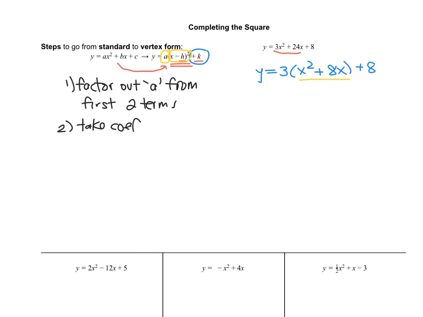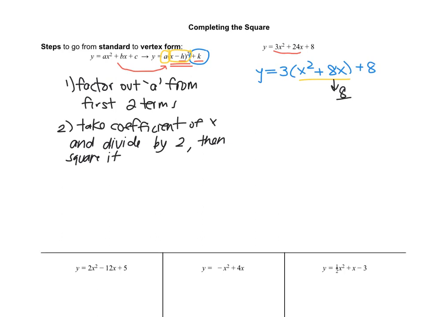take the coefficient of x and divide it by 2, then square it. So I'm going to take this 8, divide it by 2, and raise it to the power of 2.